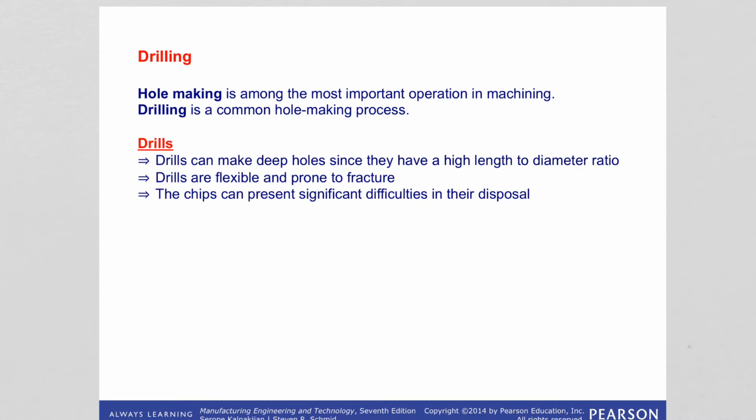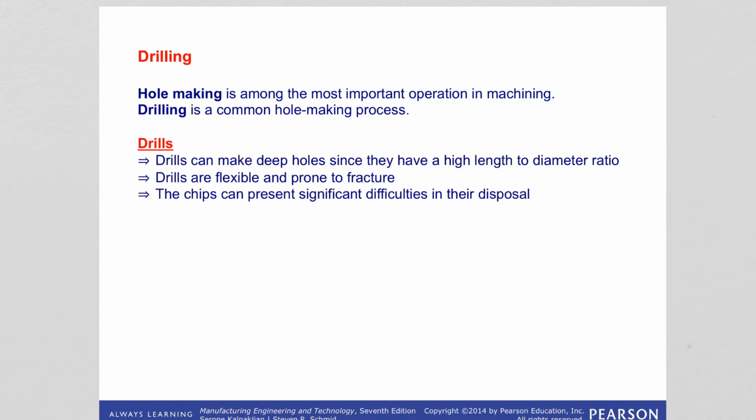Drilling process. We know hole making is among the most important machining operations. And why do we make holes? Holes are used for assembly with fasteners, for design purposes, or for appearance. And drilling is a common hole making process. Drills have high length to diameter ratios, and they are capable of producing deep holes.